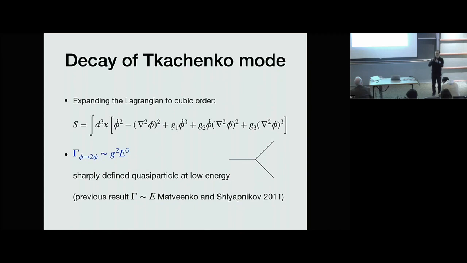There are a lot of terms that don't look like that, but in the end they can be brought into this form by integration by parts. I guess that this will not continue at the level of phi to the 4th, but we haven't tried to classify all these terms. Thank you. Yeah.